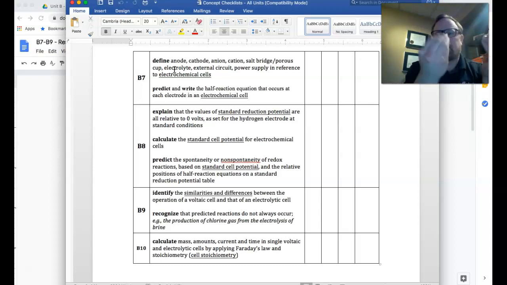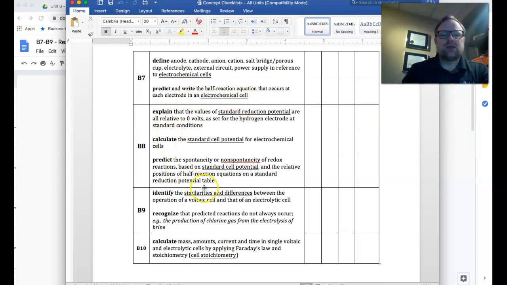Voltaic and electrolytic cells are both considered to be electrochemical cells. So B7 is basically dealing with electrochemical cells. You'll be able to label one of those cells, identify all the parts, and then predict and write the half reaction equations and the net equation occurring for that electrochemical cell.